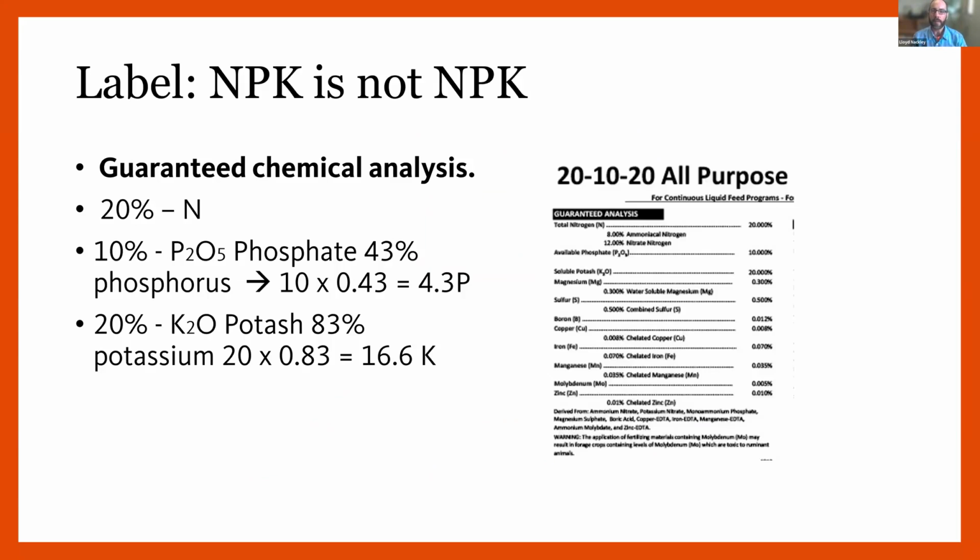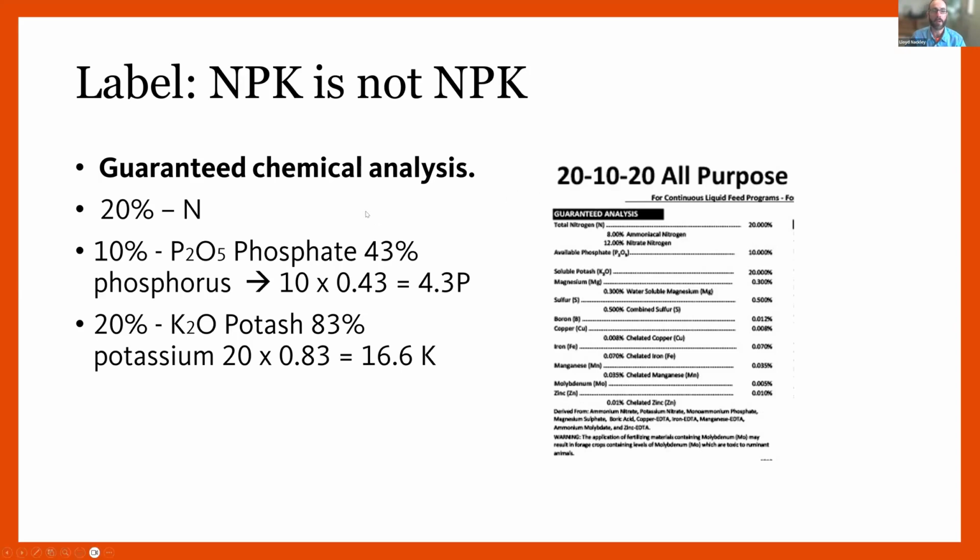So the guaranteed chemical analysis, I think most gardeners will be familiar with this. At the top, there will be three large numbers that we all call NPK for nitrogen, phosphorus, and potassium, in that order. What's not commonly known, and it's funny that we just keep passing it forward, is that it's not actually NPK.